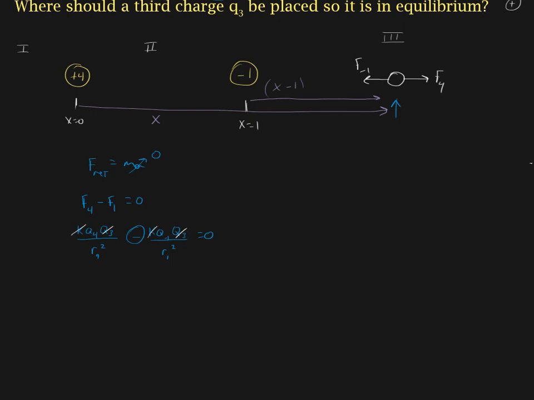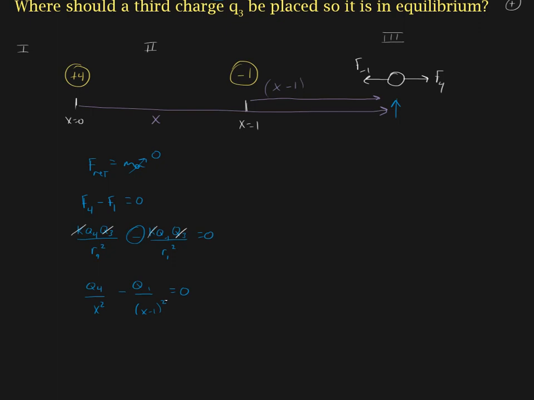So let's rewrite, and we get Q4 over R4, which we now said was x, and that quantity is squared, minus Q1 over R1, and R1 is the quantity x minus 1 squared, and that's equal to 0.